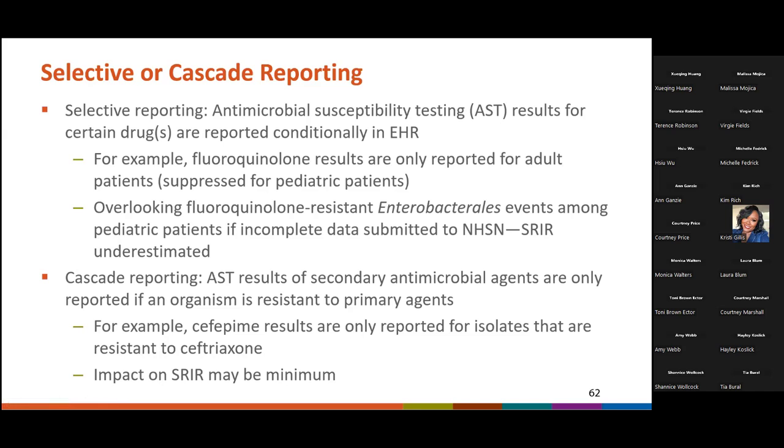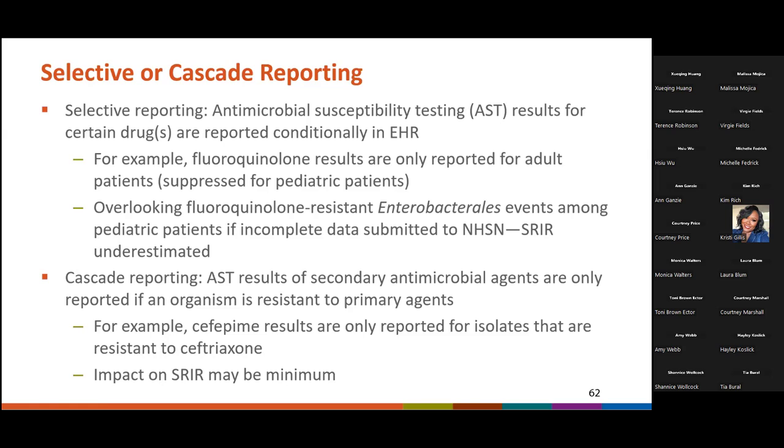In selective reporting, antimicrobial susceptibility testing, or AST, results for certain drugs are reported conditionally in your electronic health records. For example, fluoroquinolone results are only reported for adult patients, which means they are suppressed for pediatric patients.